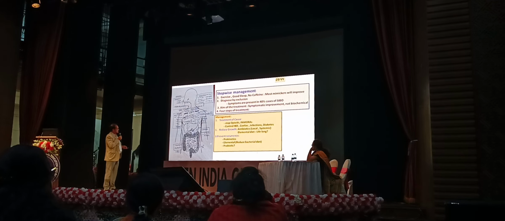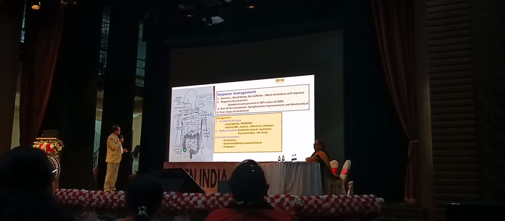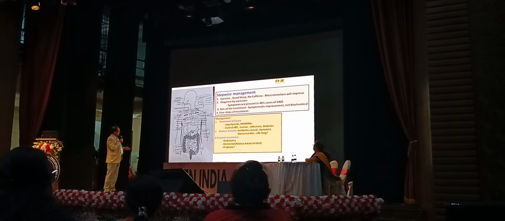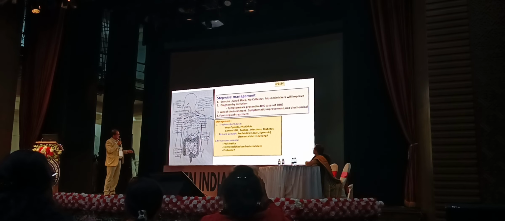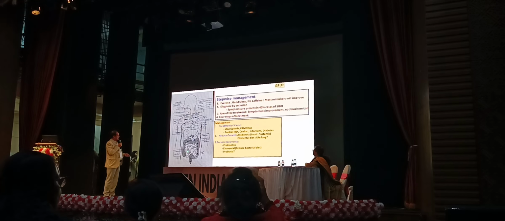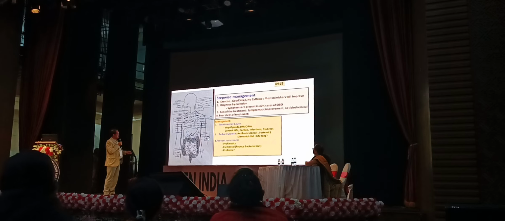I have simplified this one. From stomach till the colon, the stomach, duodenum and small bowel have different bacteria, but the common bacteria to all the GI system are lactobacillus and streptococcus and others.